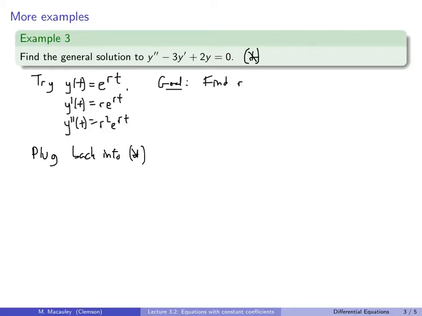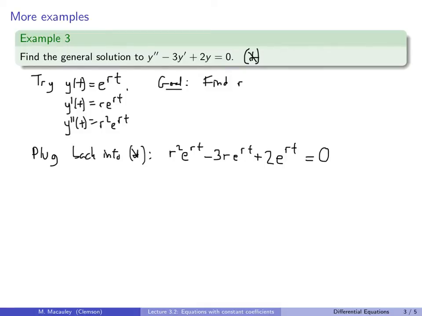Okay, so y double prime is going to be r squared e to the rt, minus 3 times y prime, which is 3 times r e to the rt, plus 2 times y, which is 2 times e to the rt, equals 0.